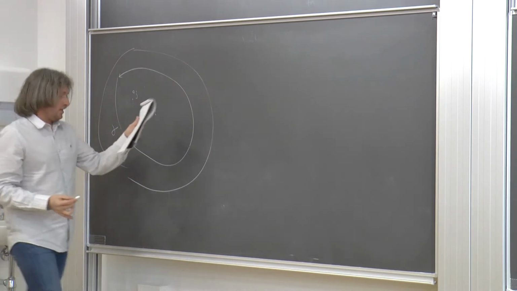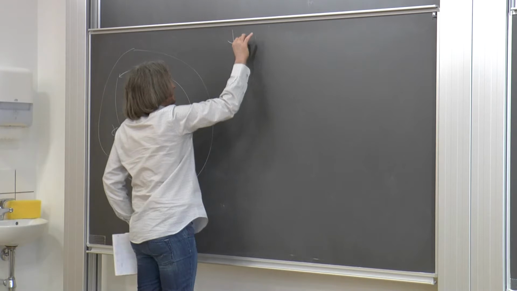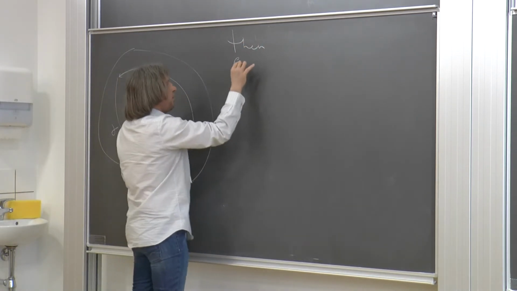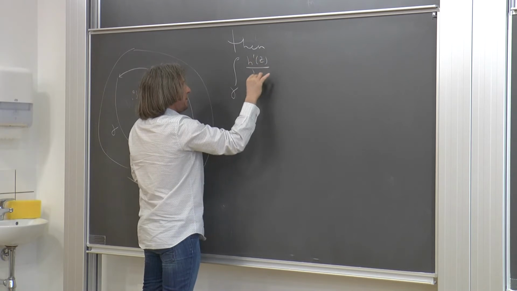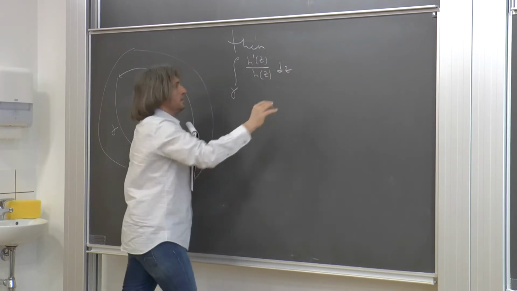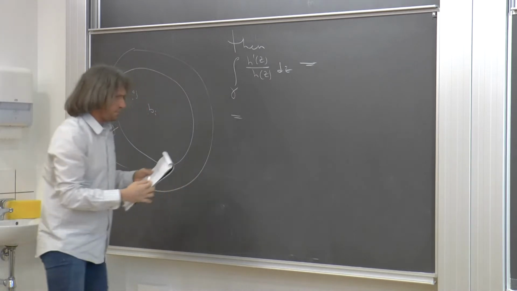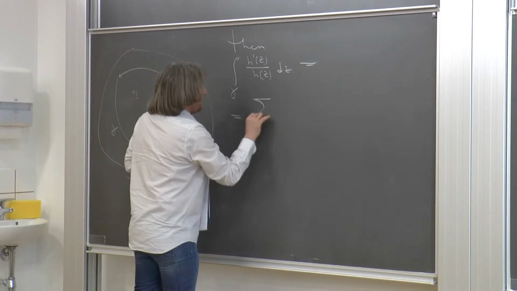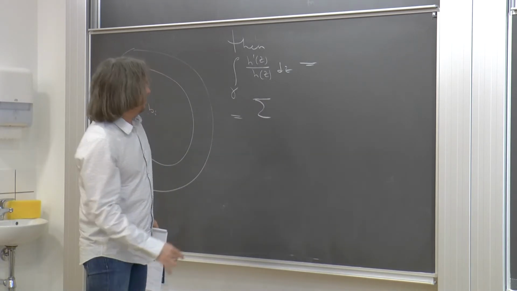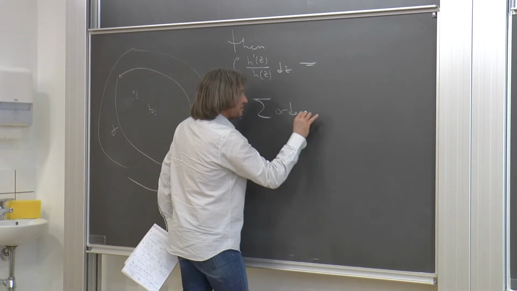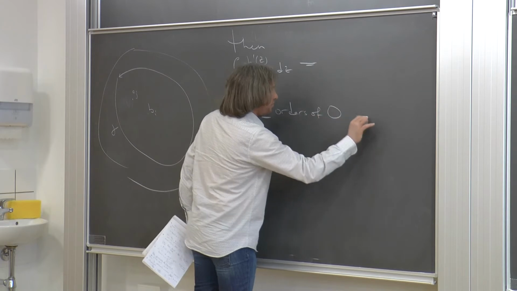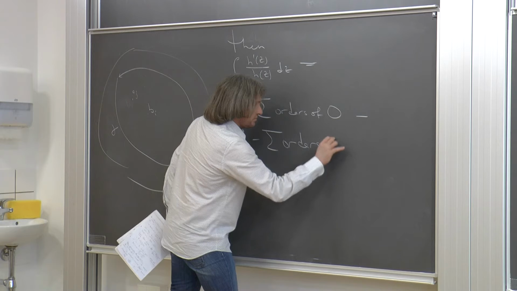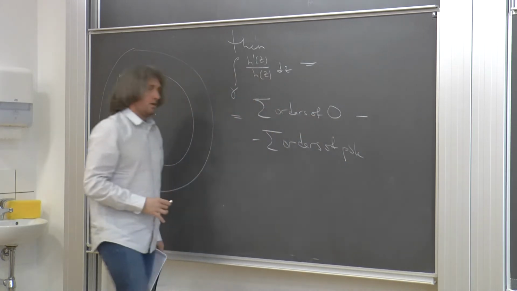Then the integral over gamma of h prime of z over h of z dz is the sum of orders of zeros minus the sum of orders of poles.